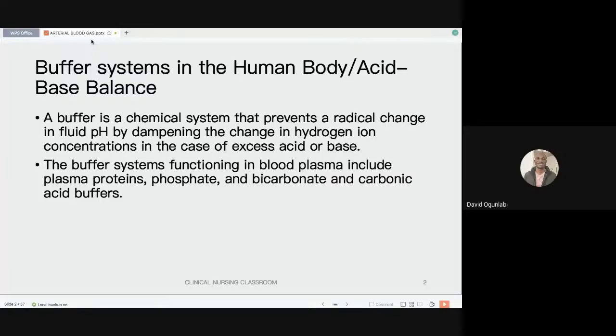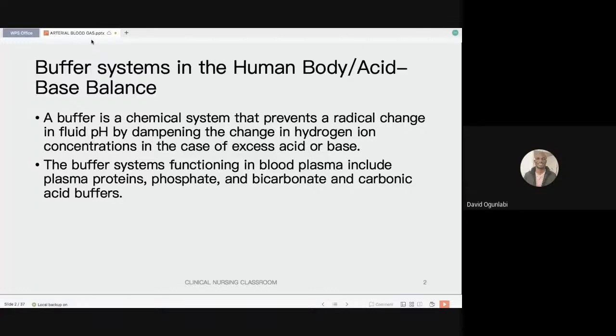Now, the explanation behind a buffer is to bring about a balance or an equilibrium. Because as you know, the human system is very dynamic. It changes often.